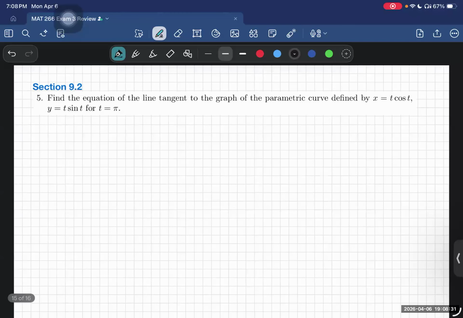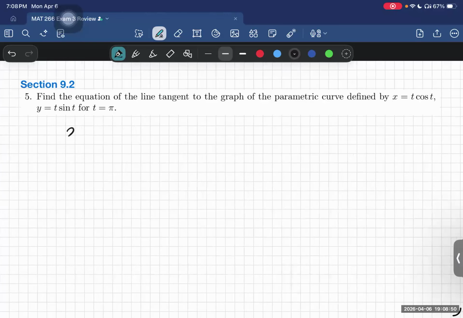It's from section 9.2, we have find the equation of the line tangent to the graph of the parametric curve defined by x is equal to t cosine t and y is equal to t sine of t for t is equal to pi. All right. Let's write our equations. We have x equals t cosine t.